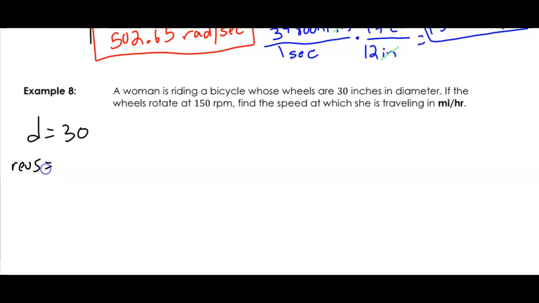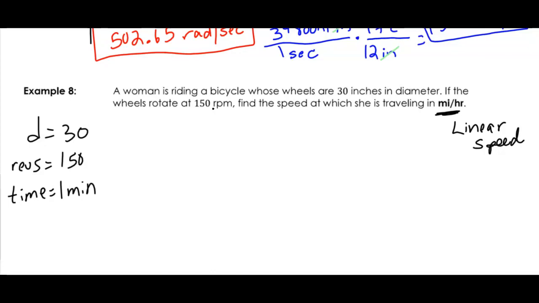So those are my revolutions, 150. So this is RPM, revolutions per minute. So my time is 1 minute. Find the speed at which she's traveling in miles per hour. So this miles per hour, this is your linear speed. So we're looking for a linear speed here.